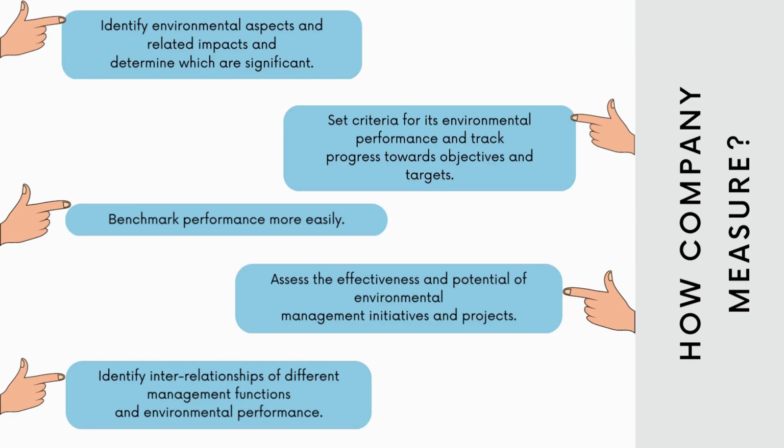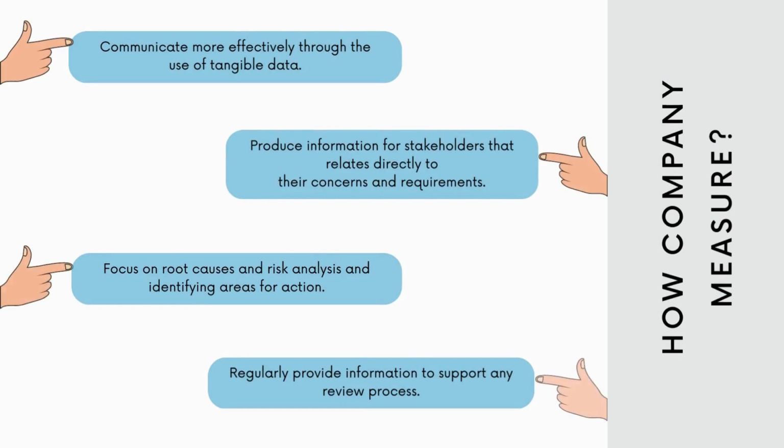Identify interrelationships of different management functions and environmental performance. Communicate more effectively with tangible data. Produce information for stakeholders that relates directly to their concerns and requirements. Focus on root causes and risk analysis and identifying areas for action. Regularly provide information to support any review process.